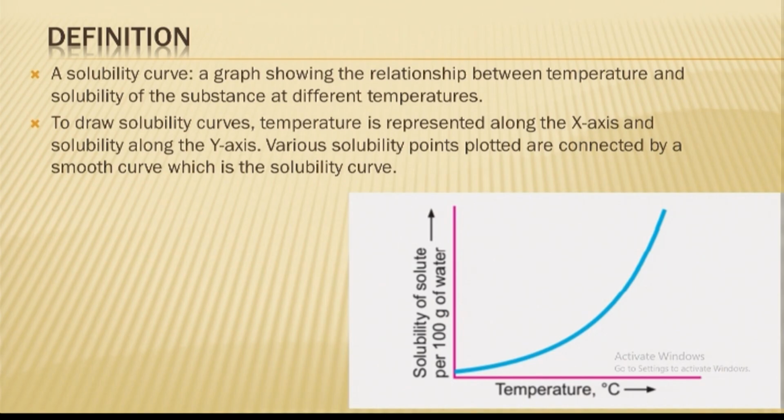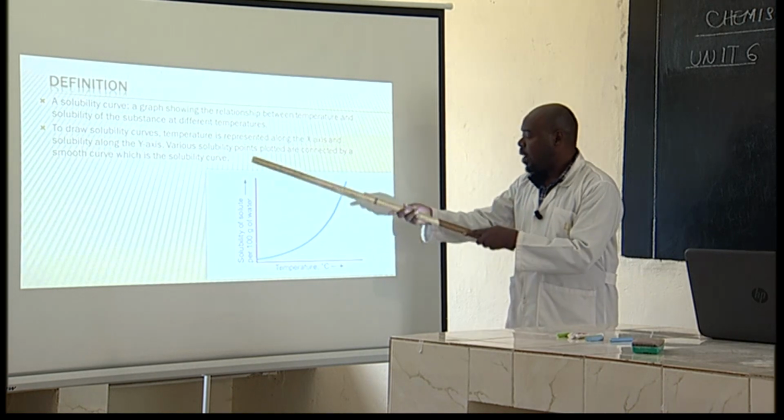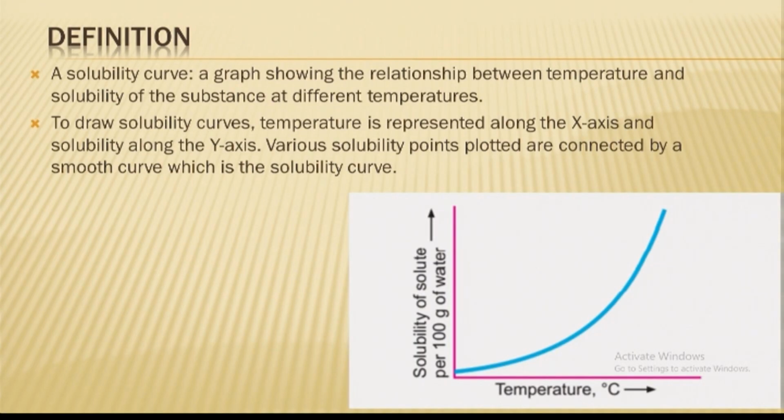And the solubility will be put along the y-axis. This is the y-axis, from 0 upward, and from 0 onward to higher values. So various solubility points plotted are connected by a smooth curve, which is the solubility curve.